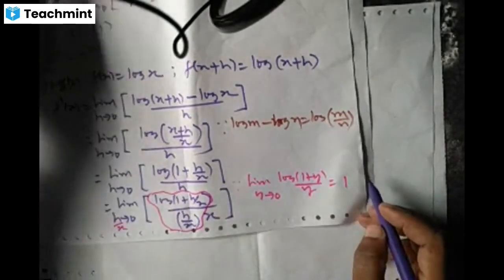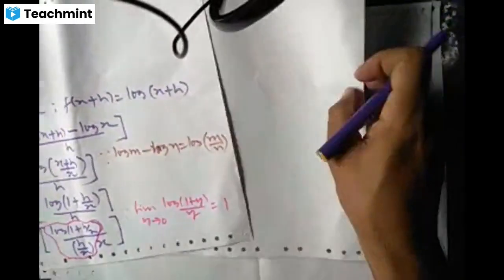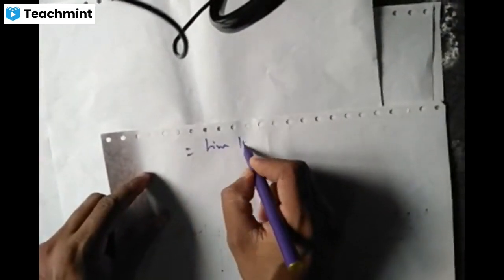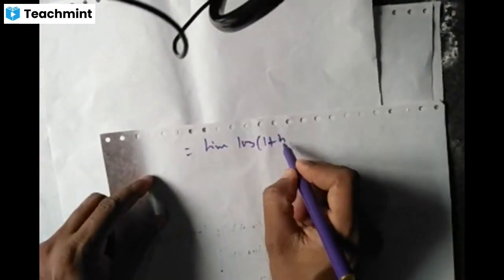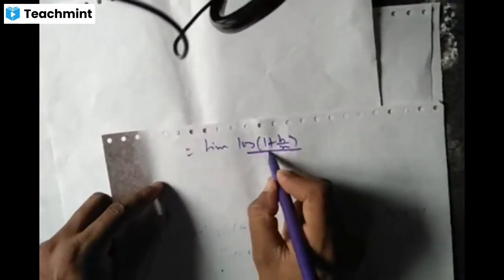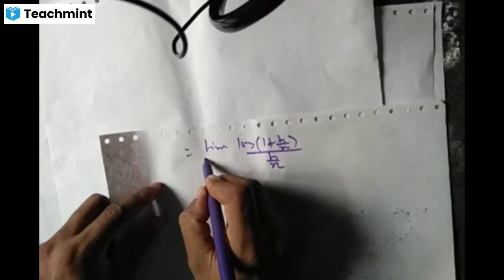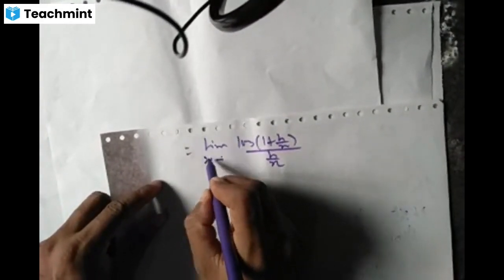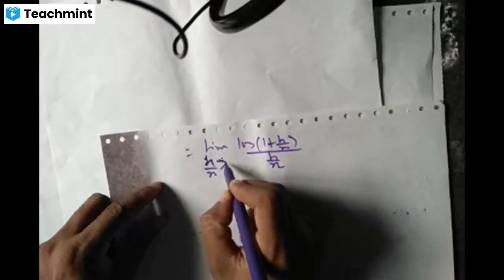So it becomes like this, limit of log of 1 plus h by x by h by x as h by x tends to 0, into 1 by x. Correct?